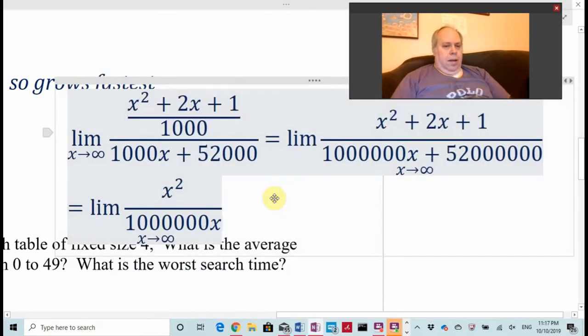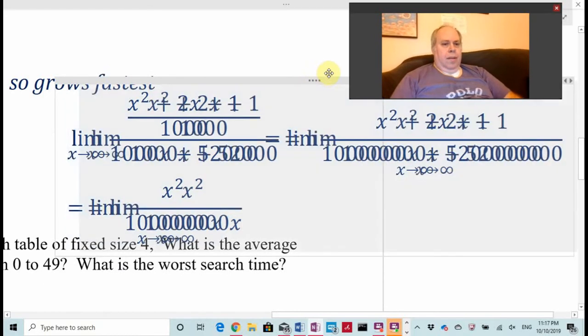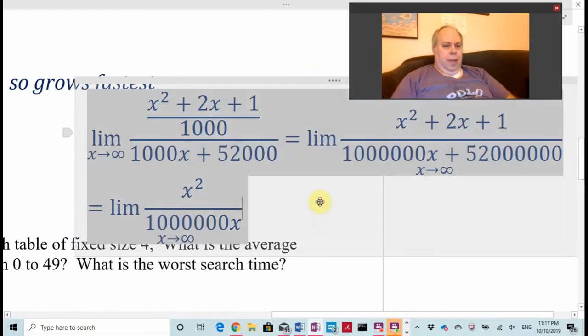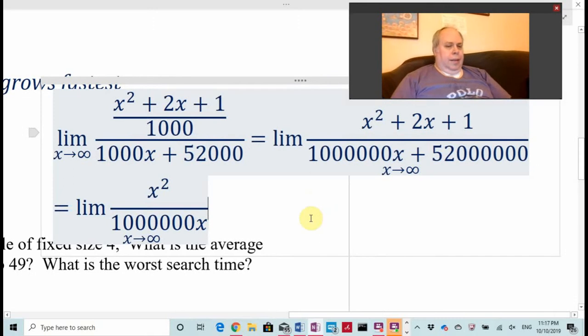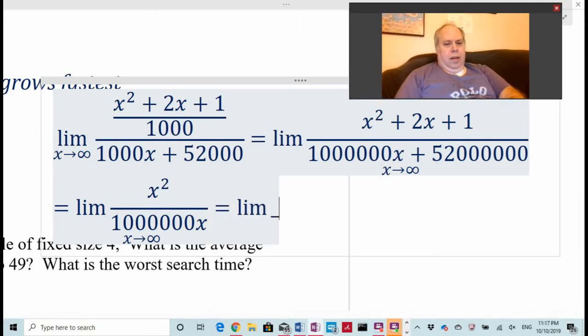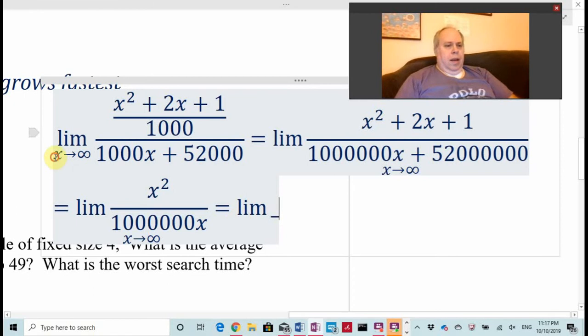Let's move this whole thing up here. So we have the limit, and then we can do simple algebra on this. Limit as x goes to infinity. Let's make this come out nicer.